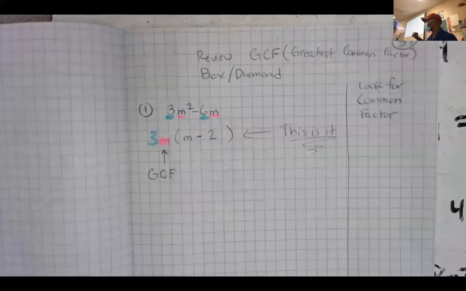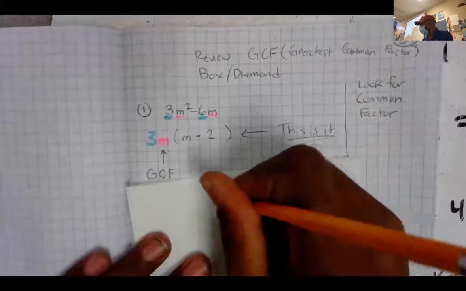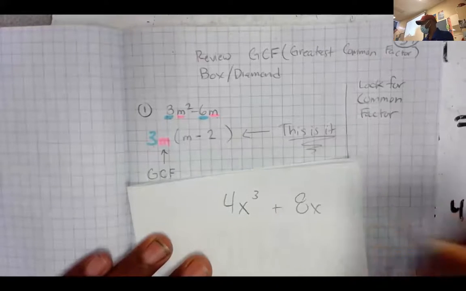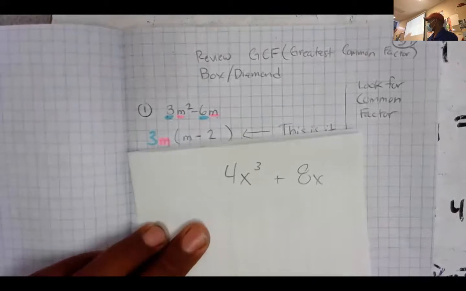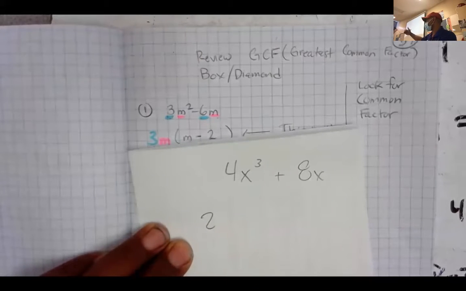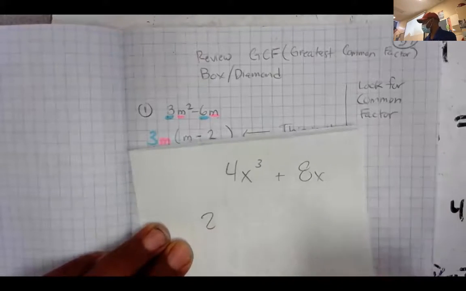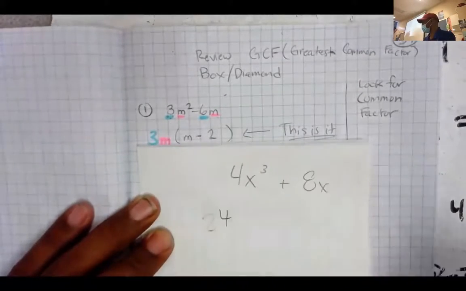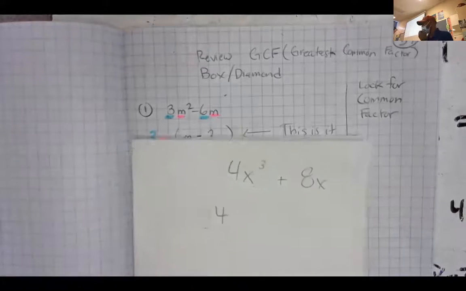Not just any number. If I'm looking at, let's say, 4x cubed and 8x, they're both divisible by 2, but 2 is not the greatest common factor. The greatest common factor would be 4. So make sure you're always looking for the greatest common factor between the two.